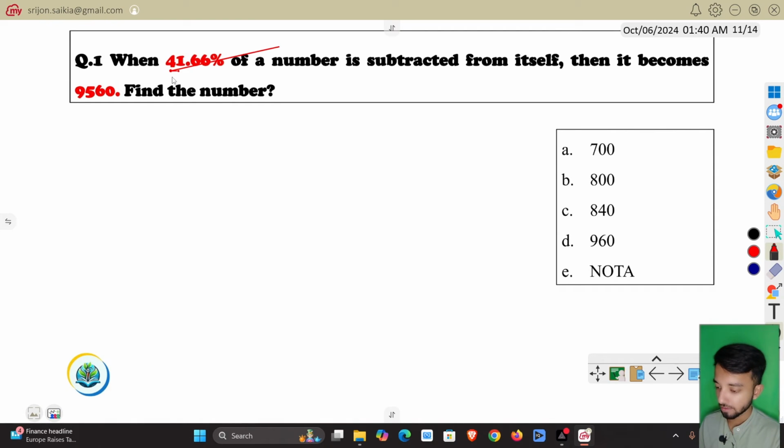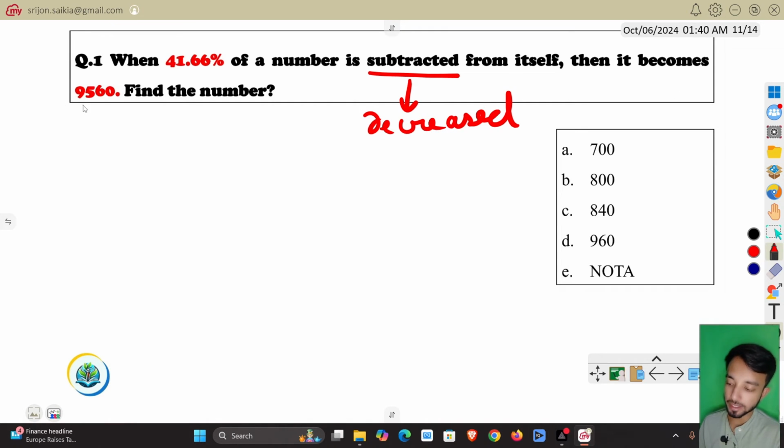Very simple. When 41.66% of the number is subtracted, that means decrease, from itself, then it becomes 9560. Find the number. First, let's find out how we can find the value of 41.66%.